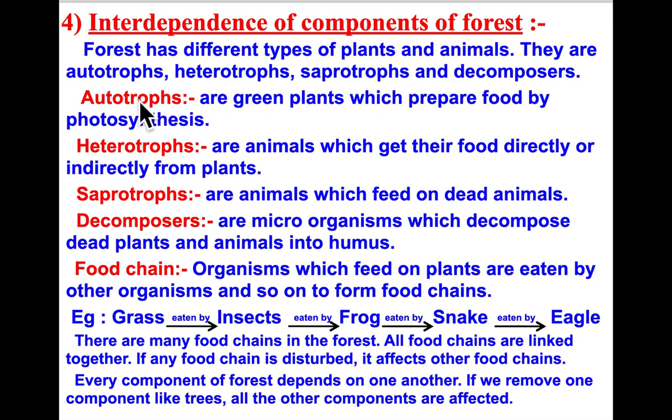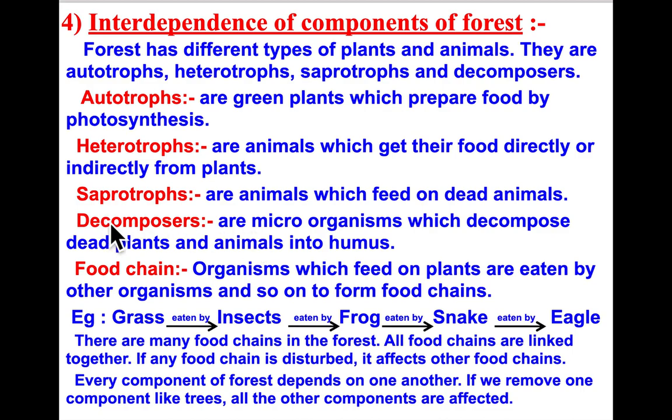And you are familiar with these terms: autotrophs are the green plants which prepare food by photosynthesis. And heterotrophs basically are the animals, or maybe a few plants, which get their food directly or indirectly from plants. And saprotrophs are the animals or the plants which feed on dead animals.